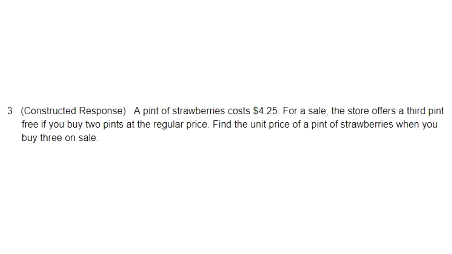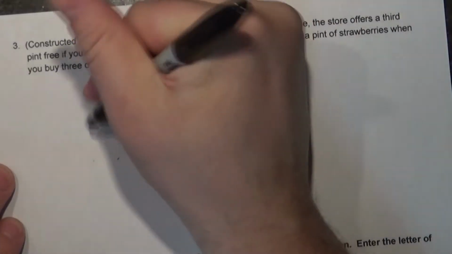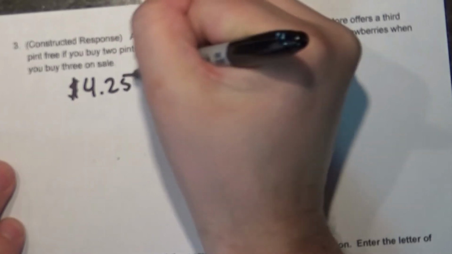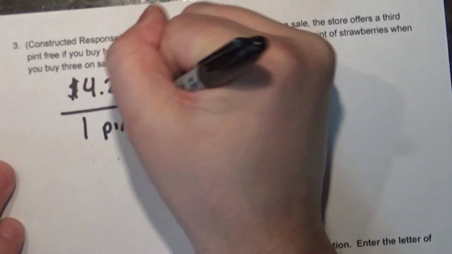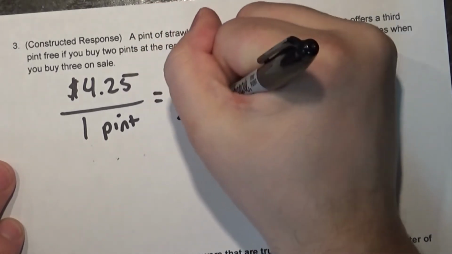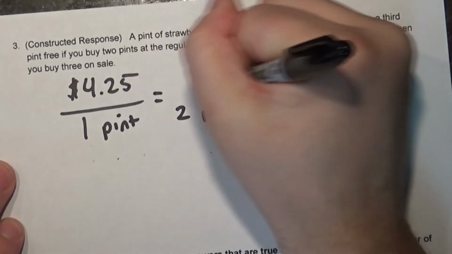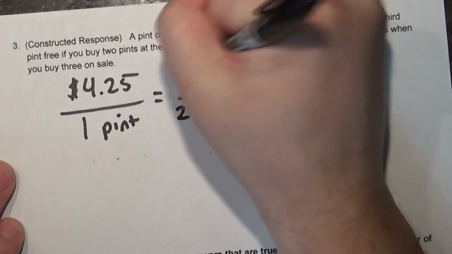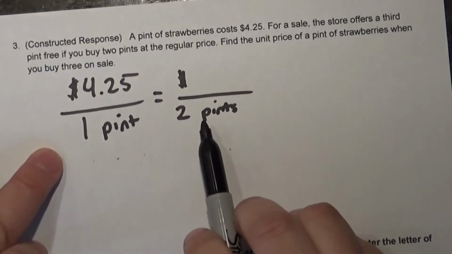All right, so this is actually a question we might see on our Unit 6 test, but I can do this by calculating out the price. $4.25 for 1 pint of strawberries. If I buy 2 pints, and this is pretty easy math here, I'm just going to be doubling that cost. So $4.25 times 2.